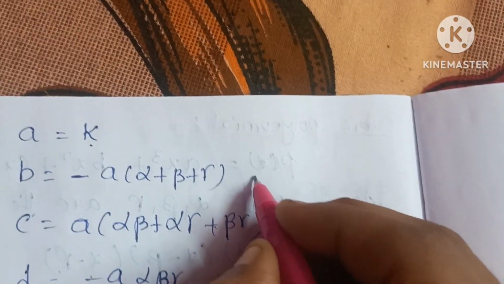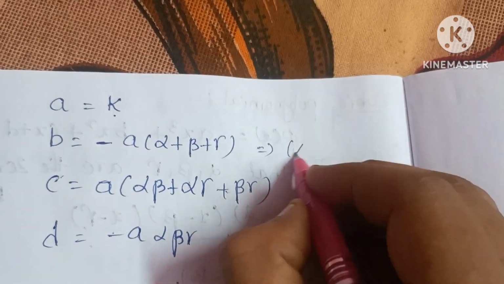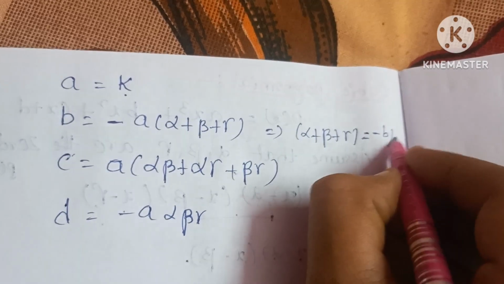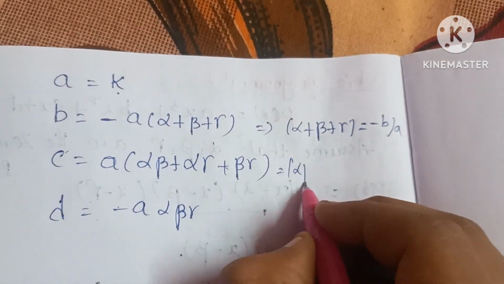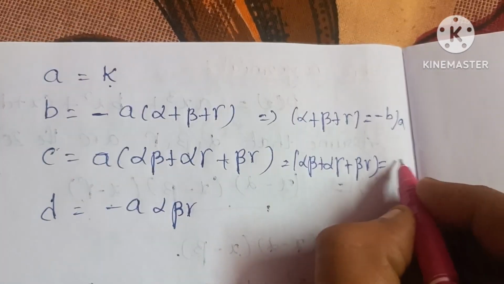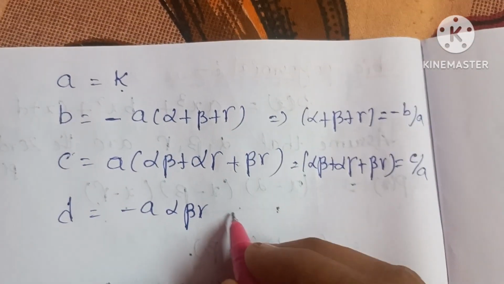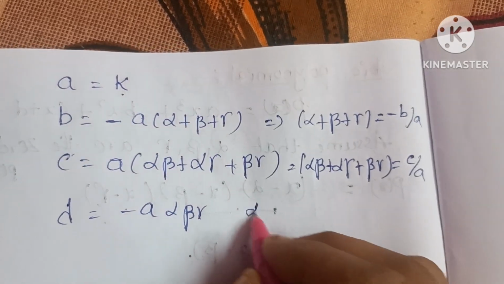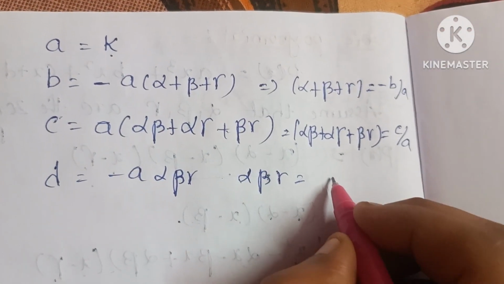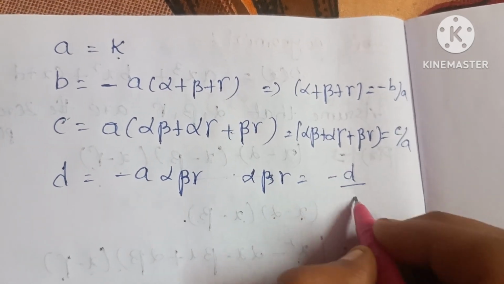How to write this one? Alpha plus beta plus gamma equals minus b by a, and alpha beta plus alpha gamma plus beta gamma equals c by a, and alpha beta gamma equals minus d by a.